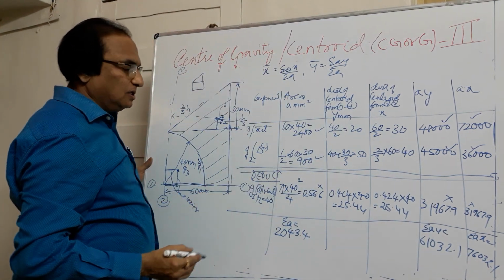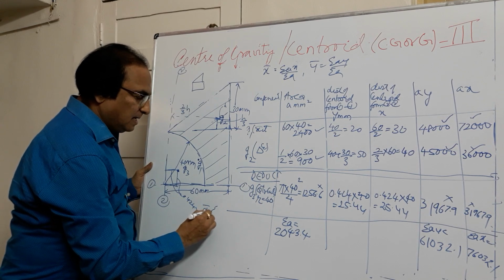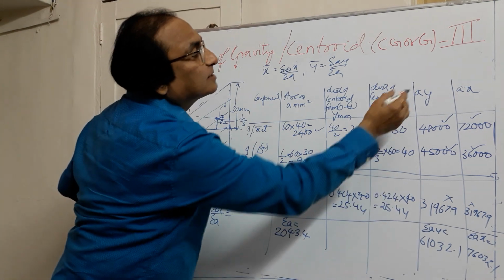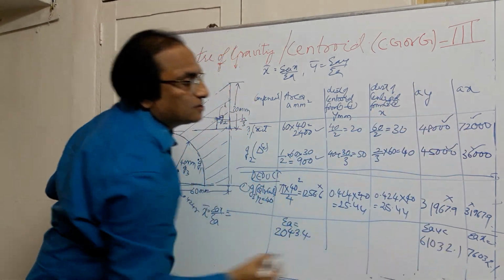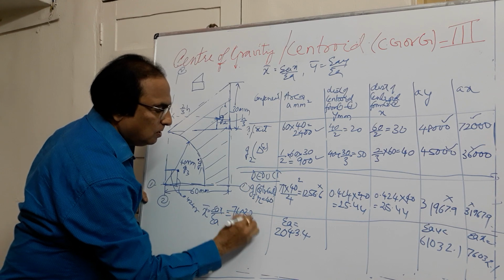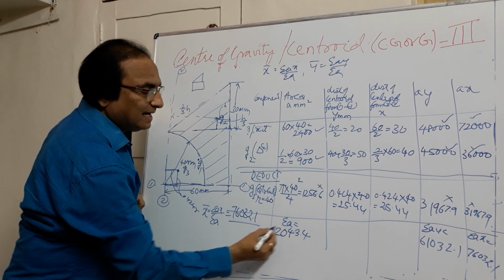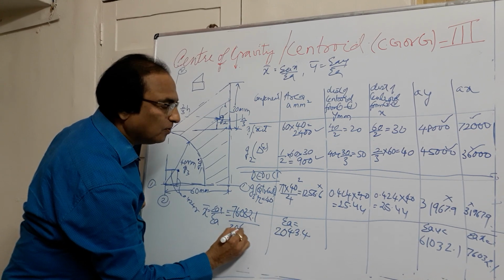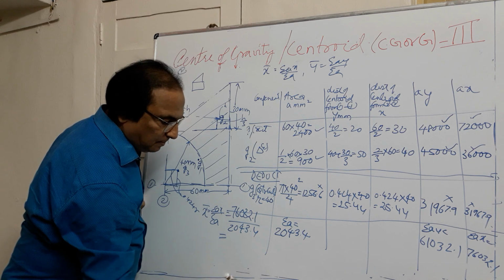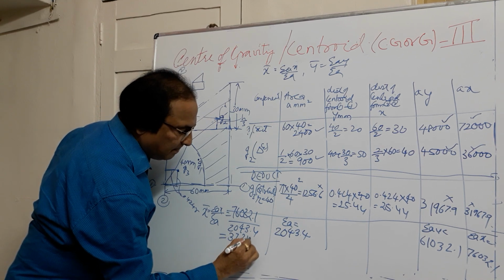So once you find out this value, you can easily calculate x bar is equal to sigma AX by sigma A. So here sigma AX, be careful, 76032.1 divided by sigma A, is a net area, 2043.4. If you simplify this, you get x bar is equal to 37.21 mm.